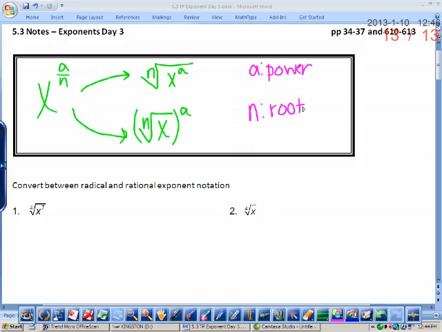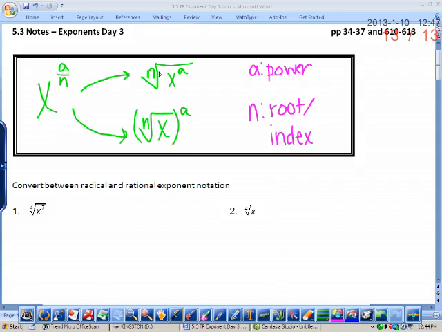Fourth root, fifth root, cube root, square root. Okay? Another word for root is index. The little number that you see outside of that radical is also called the index. So the index of a square root would be 2. The index of a cube root would be 3.